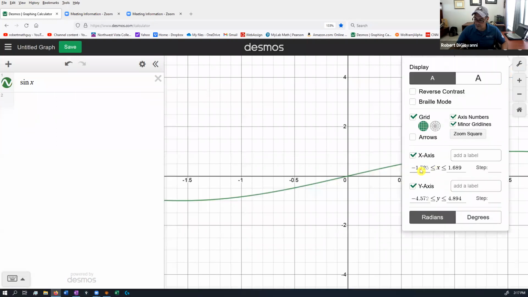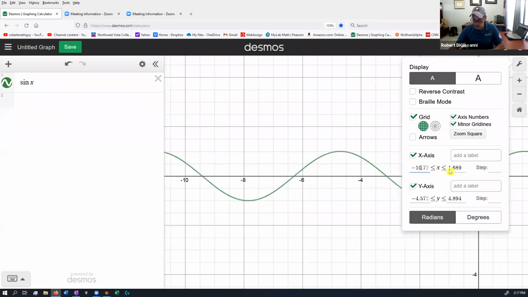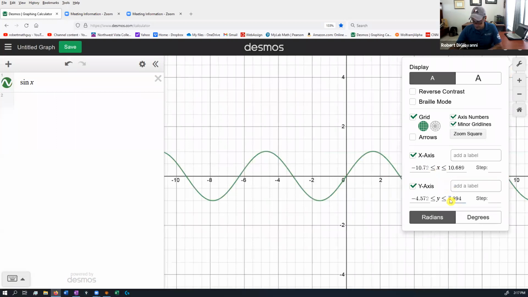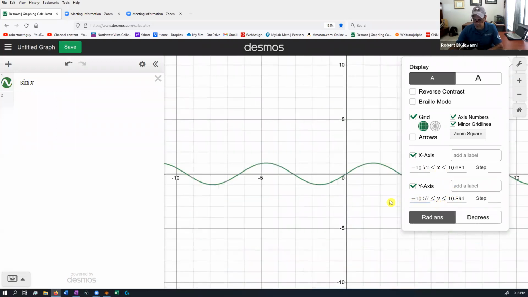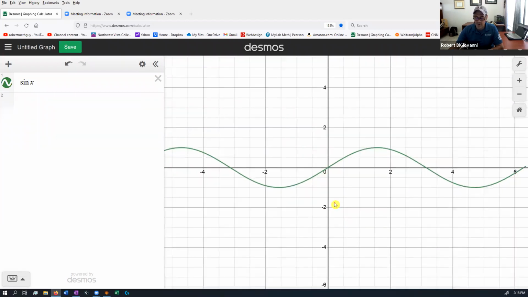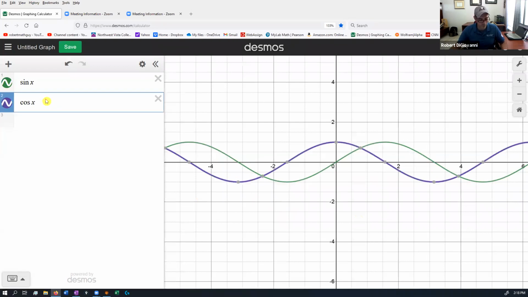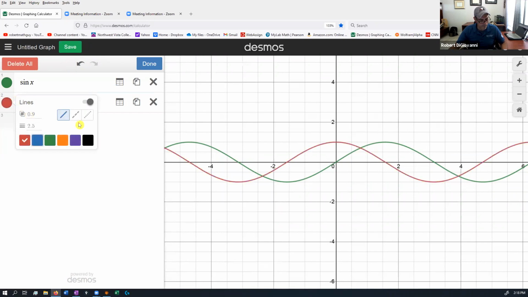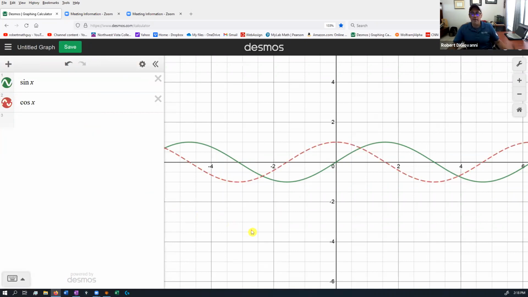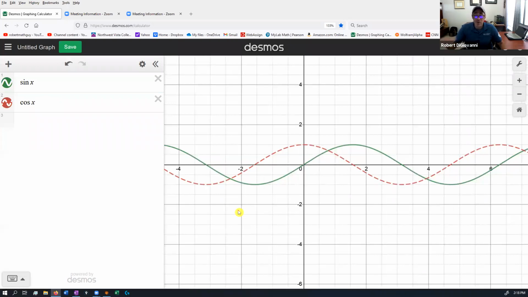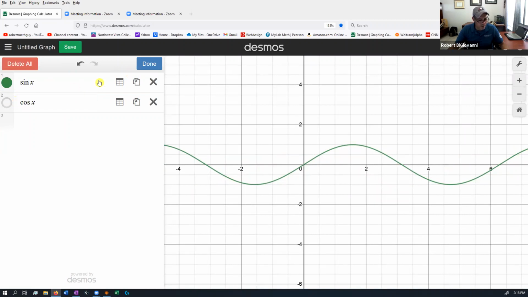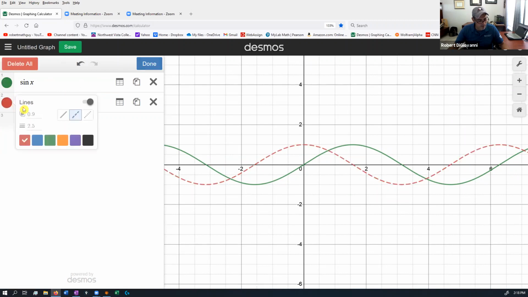Let's go -10 to 10. Okay, so here's a graph of sine of x. Now I'm going to graph cosine of x. I think I've done this backwards. Hold on a second. If I want to stay consistent with the colors I've had today, this will be green, and this original one will be red.